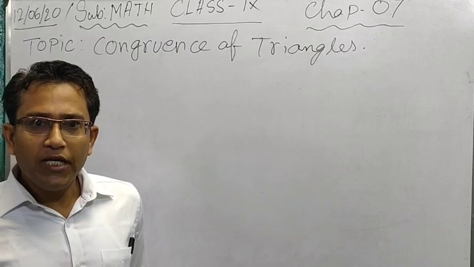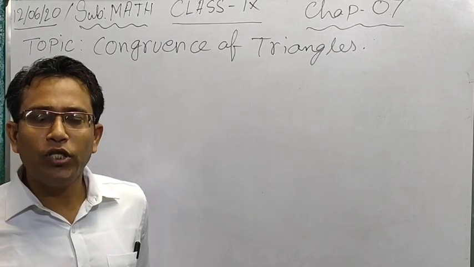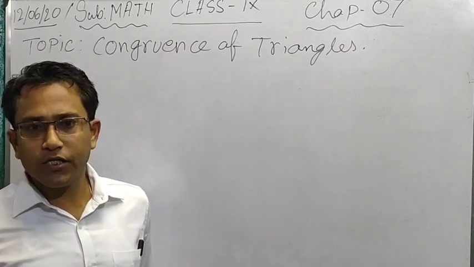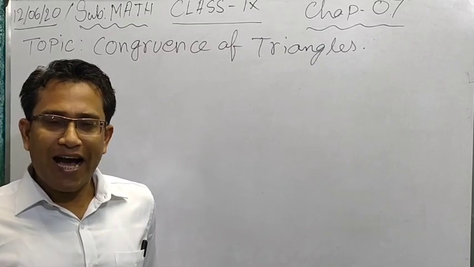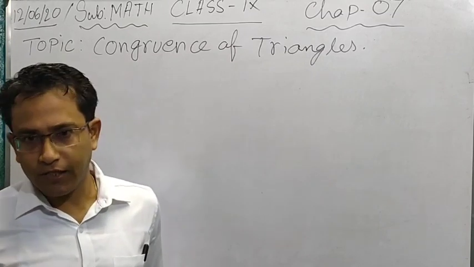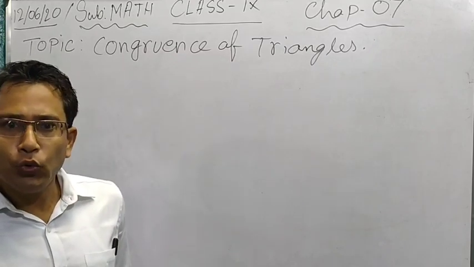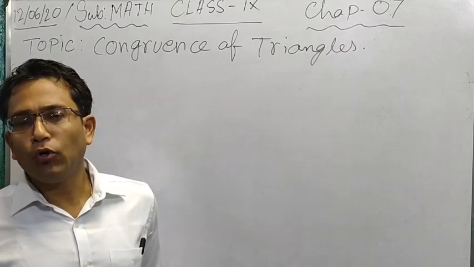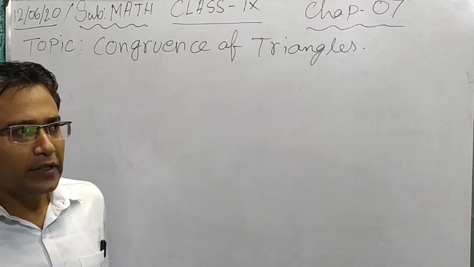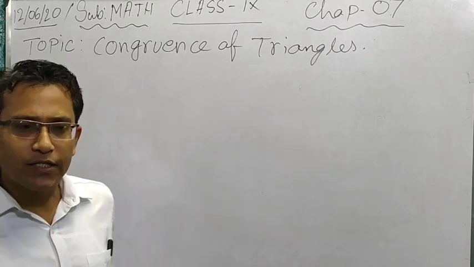Now, in geometrical figures, when we talk about congruency, it means two figures are identical and equal in every sense. That means congruence. So first we have to know what the congruence rules are. There are many rules that we can use to prove two triangles are congruent.